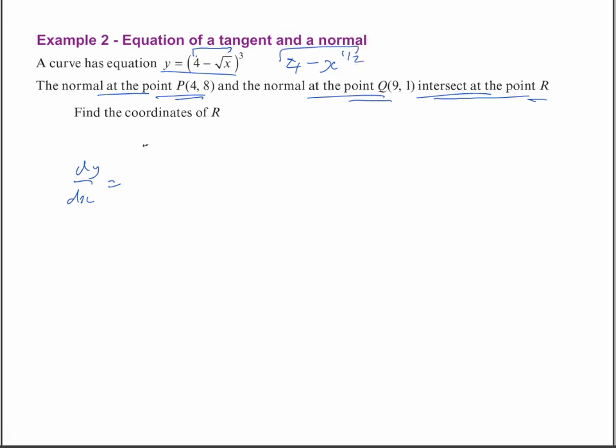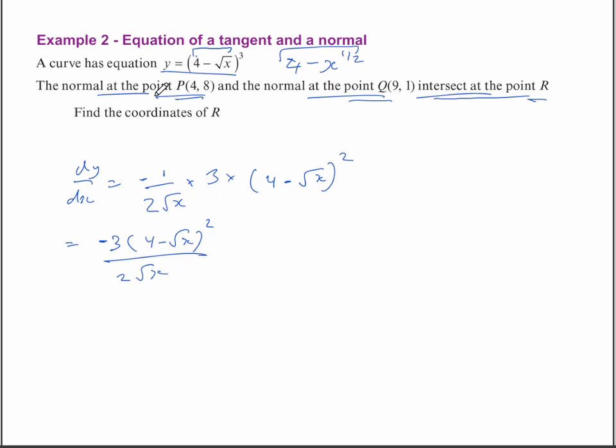The derivative of this is going to be -1/(2√x). Then you multiply by the power, so times 3. Then the bracket to the power 3 minus 1, so (4 - √x)^2. So our derivative is going to be -3(4 - √x)^2 over 2√x.